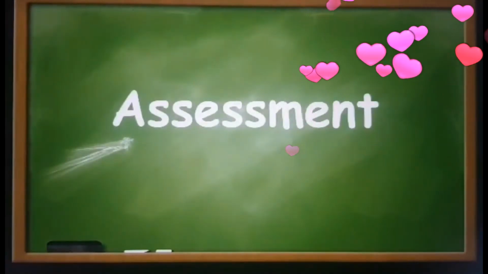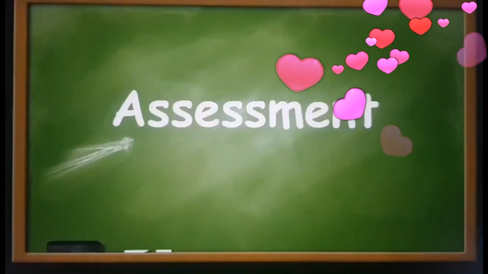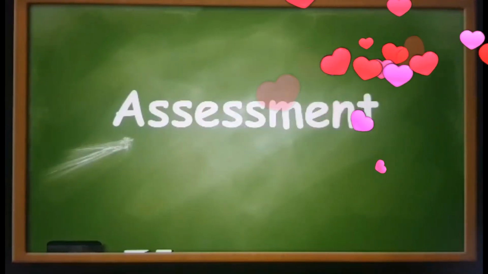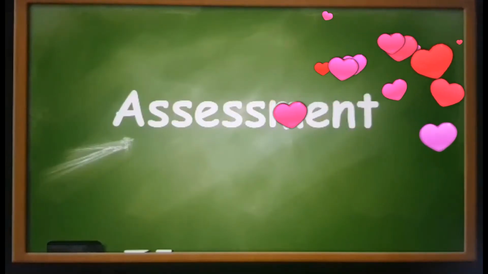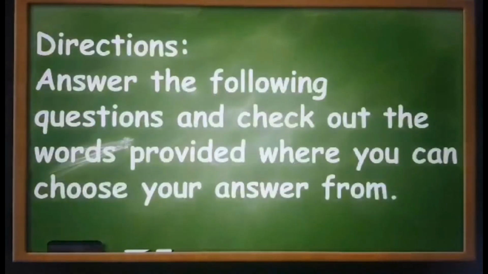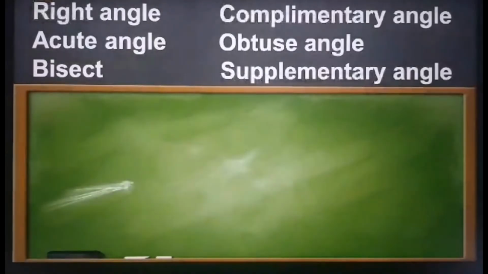Now, let's proceed to the next part of our lesson. Let us check if you really understood today's discussion. Directions. Answer the following questions and check out the words provided where you can choose your answer from. Are you ready?